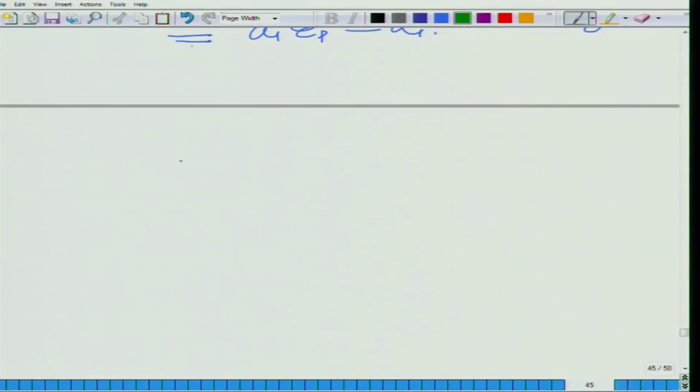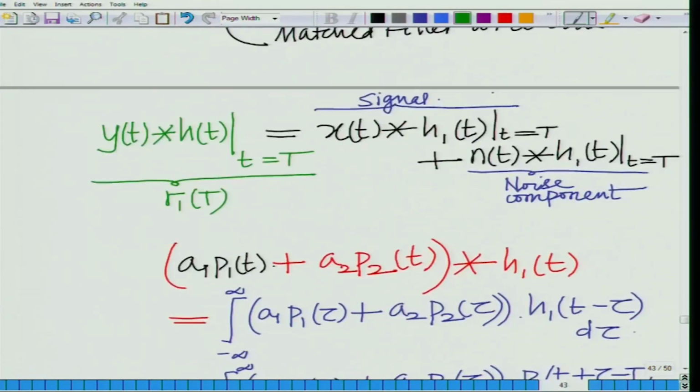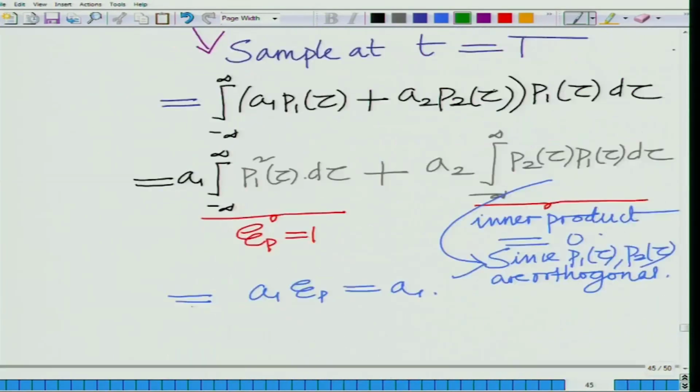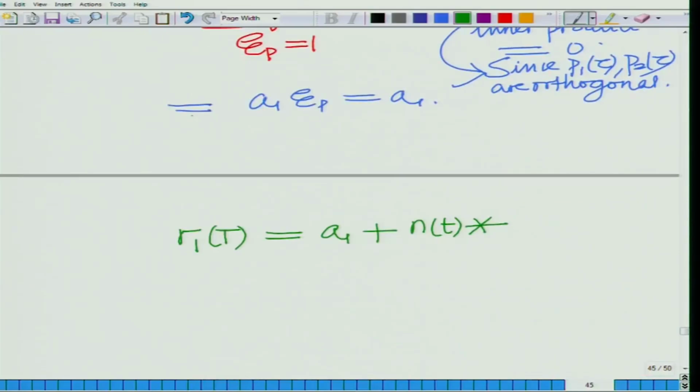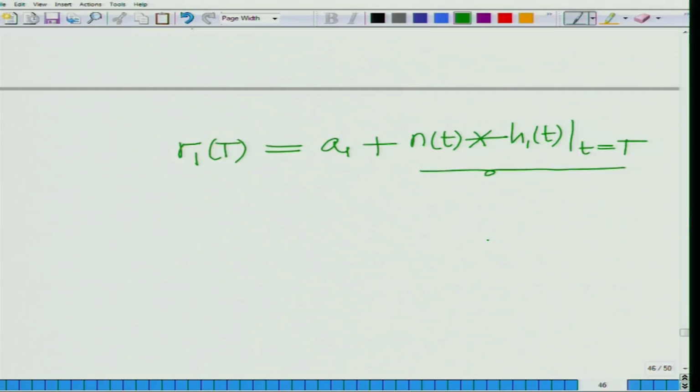So, R1 T equals A1 plus, of course, n(t) convolved with H1 T at t equal to T, which we are calling N1 tilde.